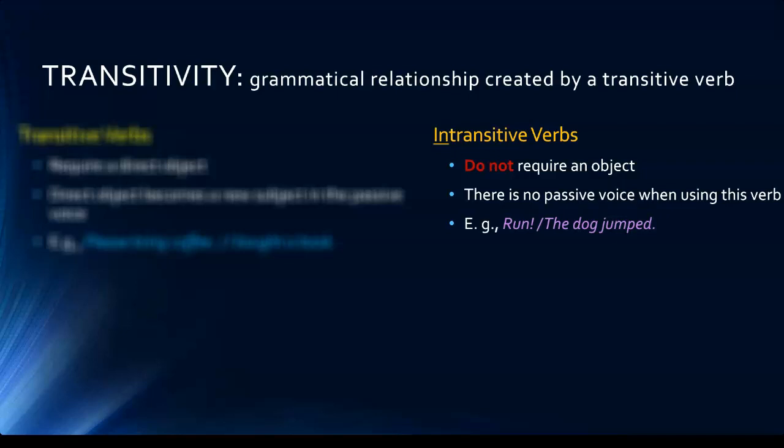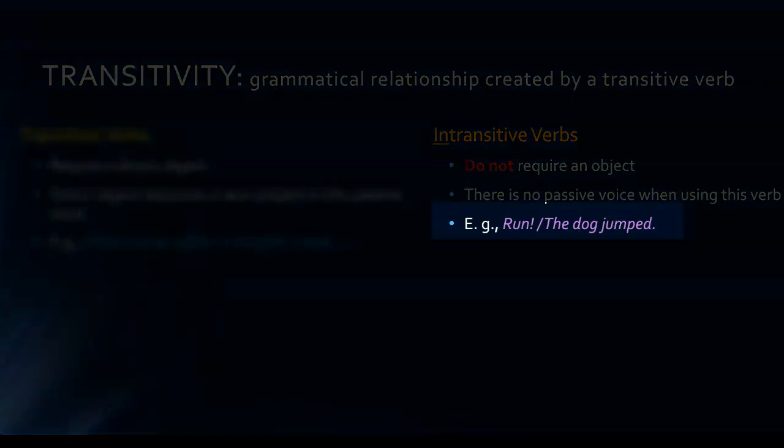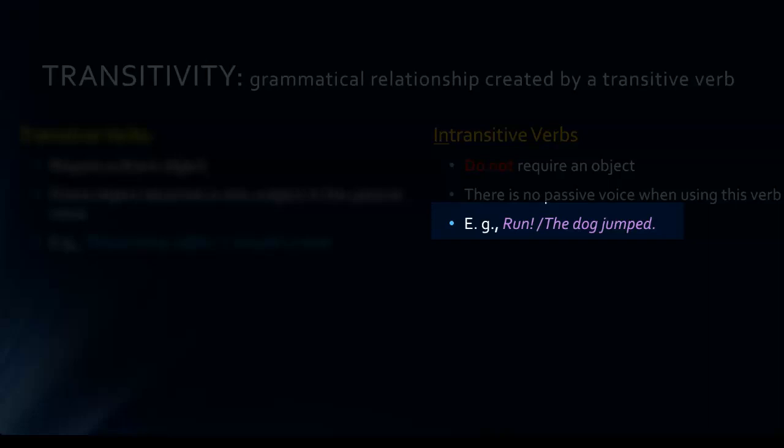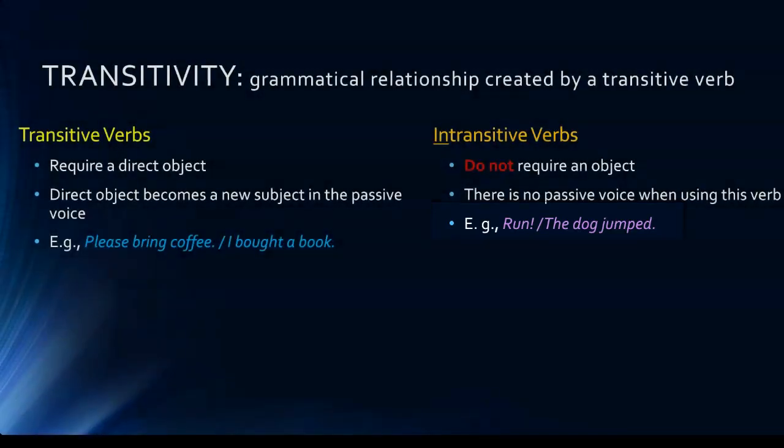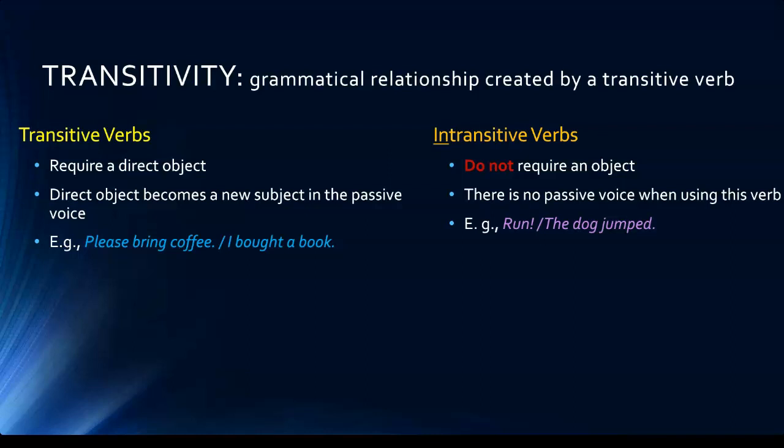So if I just say run, there is nothing that we need to use after run for a listener to understand what I'm trying to say. Or if you say the dog jumped, the verb jumped carries this full meaning in which we don't have to explain anything else. That's why these verbs are called intransitive. They can give the complete meaning without having an object that follows them.